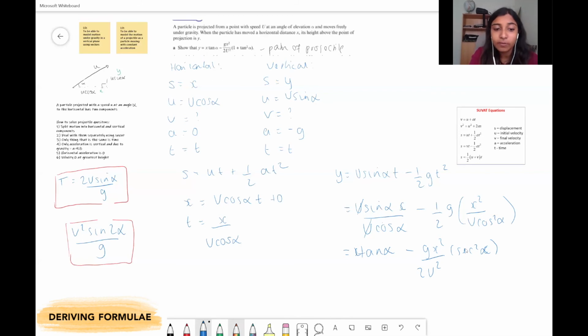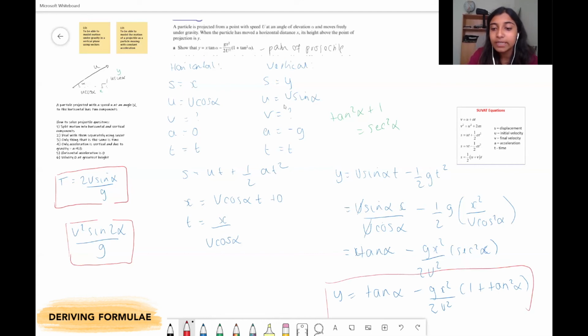And then if you remember from our trig identities, tan squared alpha plus 1 is just equal to sec squared alpha. So then we can rewrite this as y equals x tan alpha minus g x squared over 2u squared times 1 plus tan squared alpha. And that's our Cartesian equation for the path of projectile. So that's how you derive it.